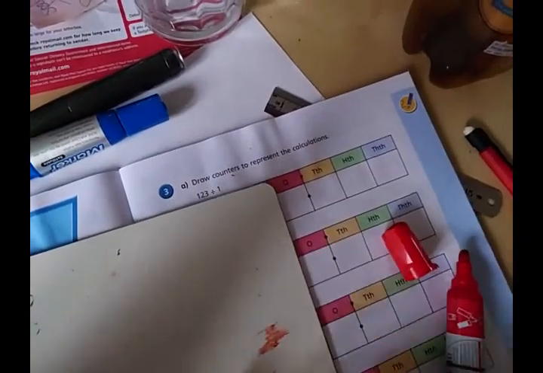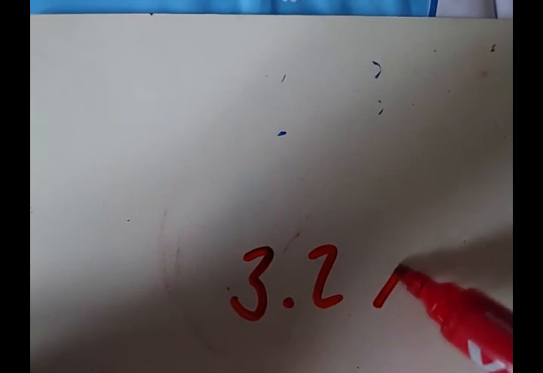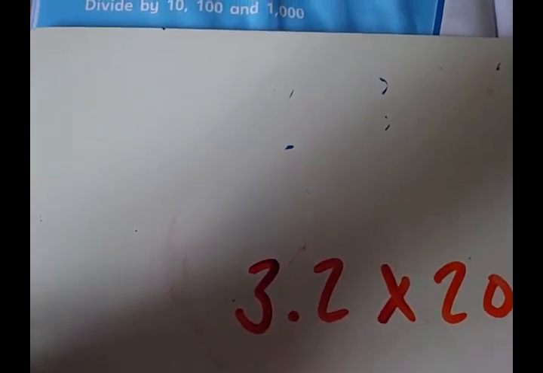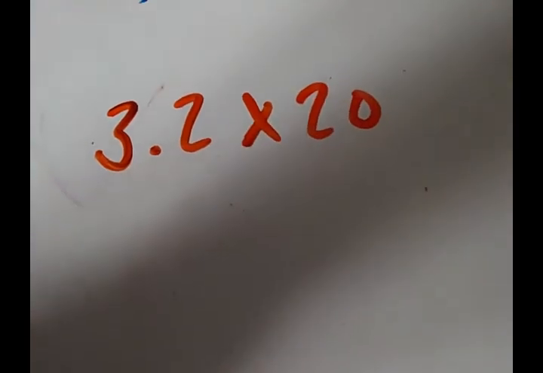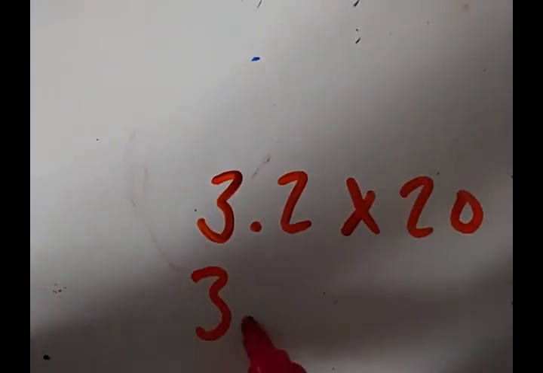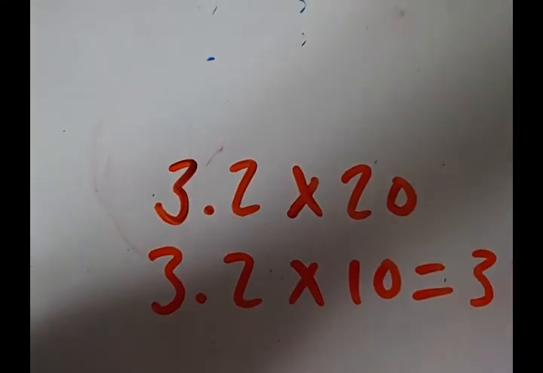Similarly, if I had, let's say, 3.2 times 20, again, you might be thinking, well, we haven't been doing times 20, we've been doing times 10. Well, that's okay. Just do 3.2 times 10 first. And that's nice and easy because that's 32.